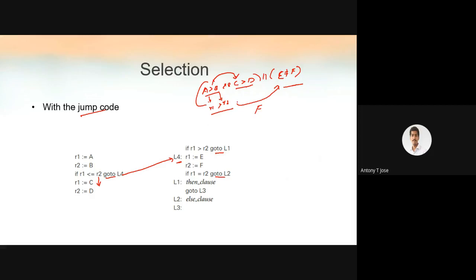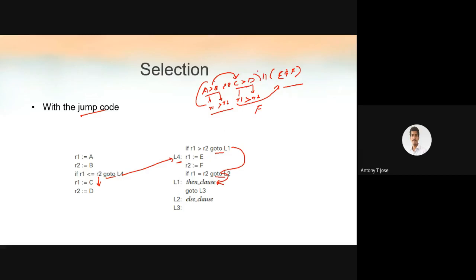Then you will just go for C greater than D. So you will be assigning C to R1, D to R2, and just comparing R1 greater than R2 or not. If this condition is also true, that means A greater than B is true and C greater than D is true, it will directly go to the then clause.